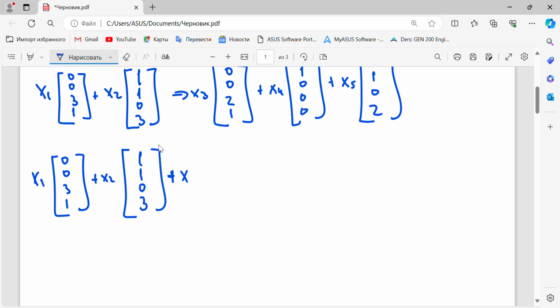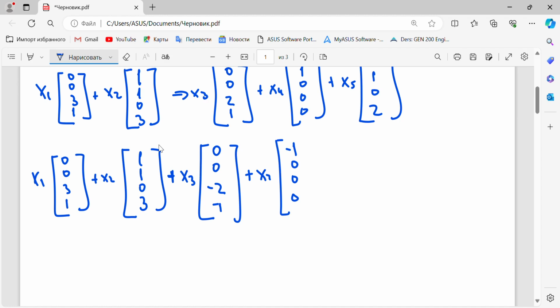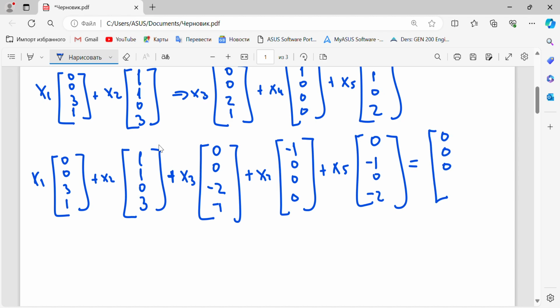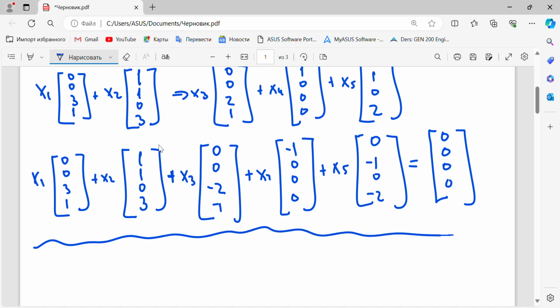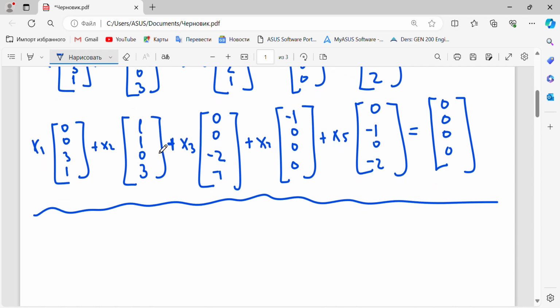We could write plus, or actually write minus x3, but we can also alternatively write 0, 0, minus 2, and minus 1. And on the right side is going to be the 0 matrix. Looks like a homogeneous system. And so this is a vector equation of the chemical reaction.